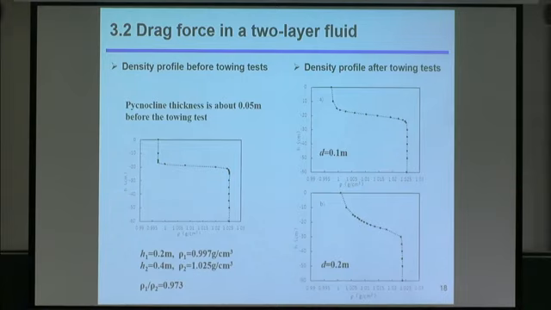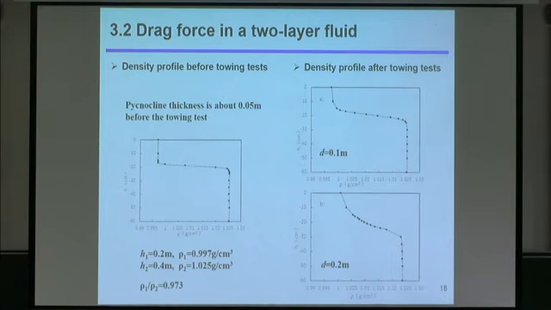First, it's a little bit complicated. We must make the two-layer fluid situations. Here is the density profile. This is because before the towing test, we make the two-layer fluid like this. The pycnocline thickness, about maybe like here, is about 0.05 meters.